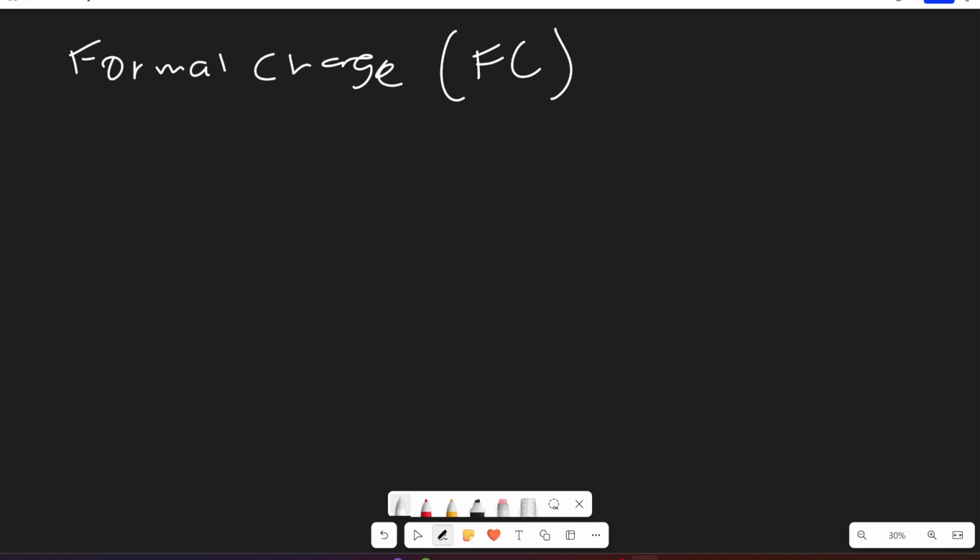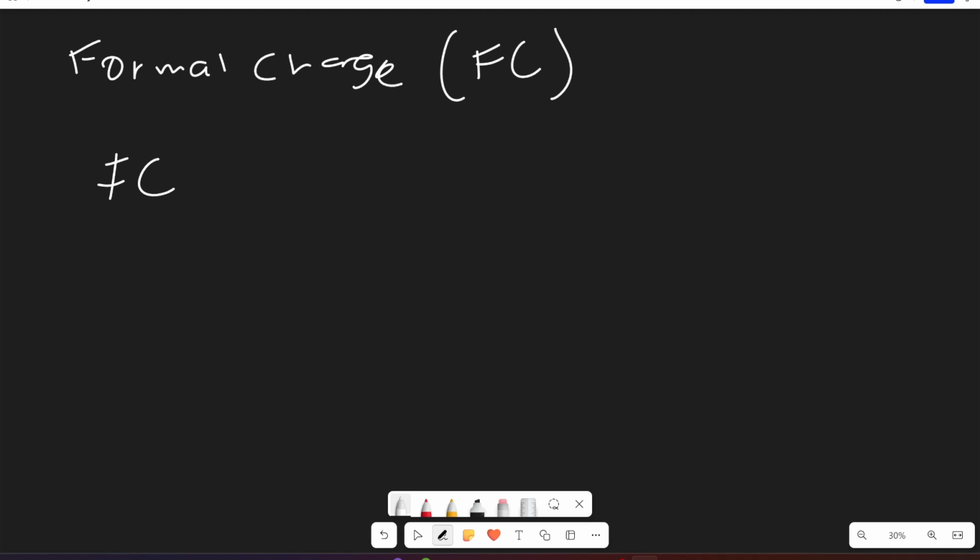So the formal charge is not really a real thing. It's more like bookkeeping to see how close our Lewis structure is to the actual compound.